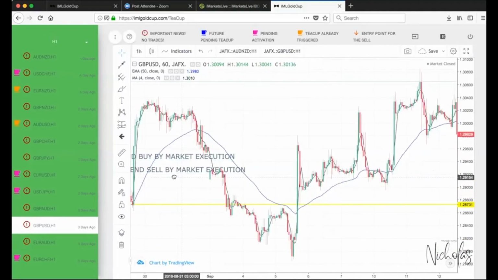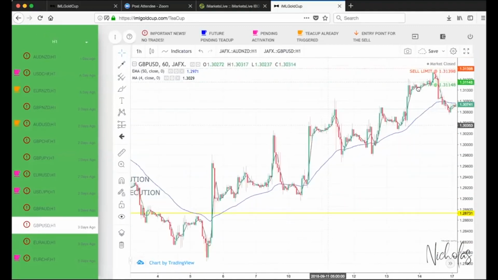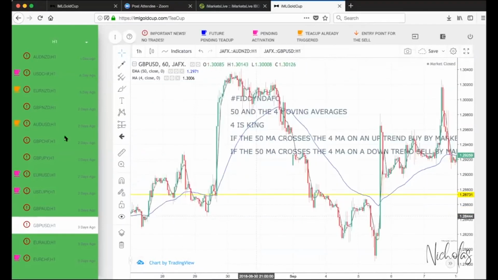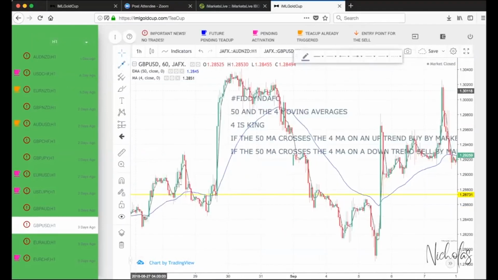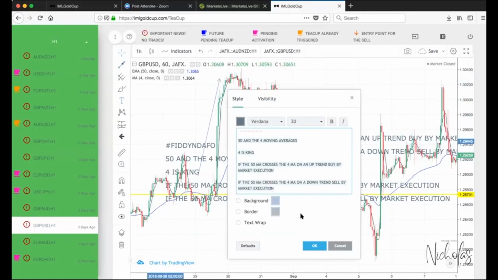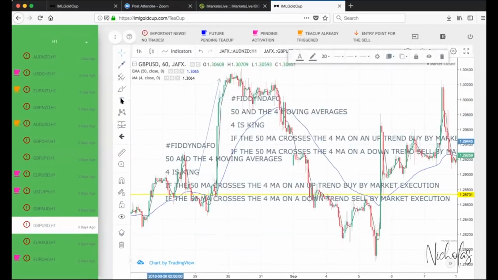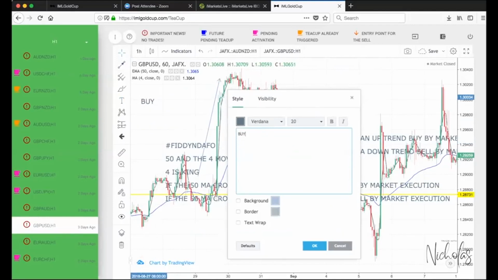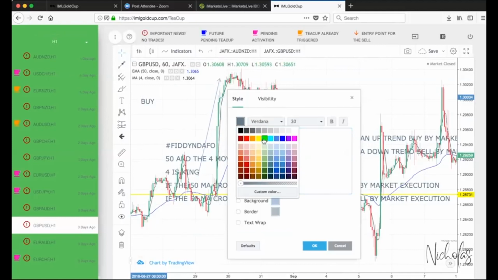If it crosses on the downtrend, I'm going to sell. So let me draw another line for you guys. This is going up. Boom. So what we doing right here? This is a buy. Let's make that green.